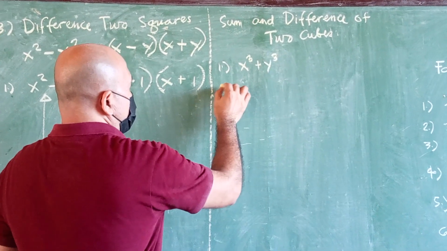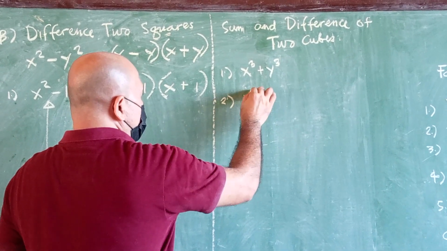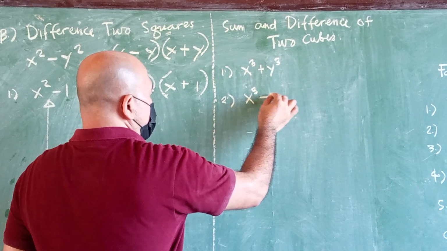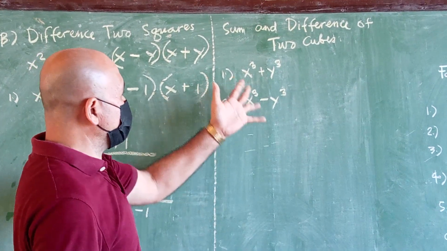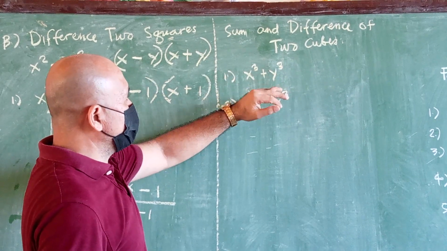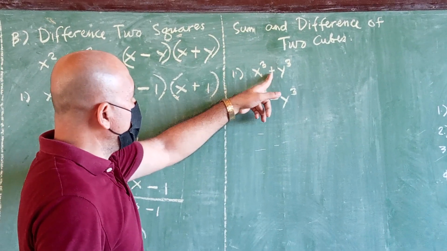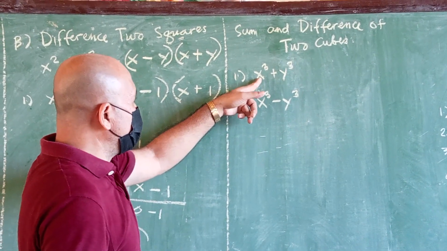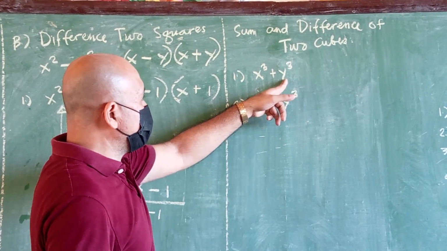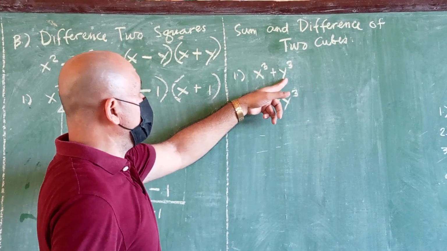And for the difference of two cubes, we have x cubed minus y cubed. That is why they are called sum and difference of two cubes. Sum, the operation is plus, and two cubes means the first term is a perfect cube and the last term is also a perfect cube.